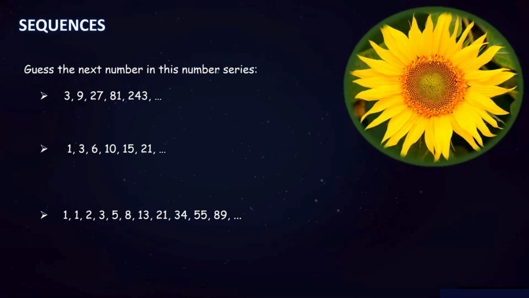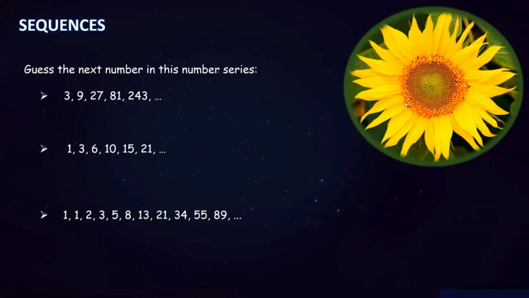You must know. Yes, somebody is saying 144. Yes, it's exactly 144. I hope you remember this is the popular Fibonacci series, right? And see what's the relation between these two. Fibonacci series is very popular. Perhaps some of you are already aware of this.